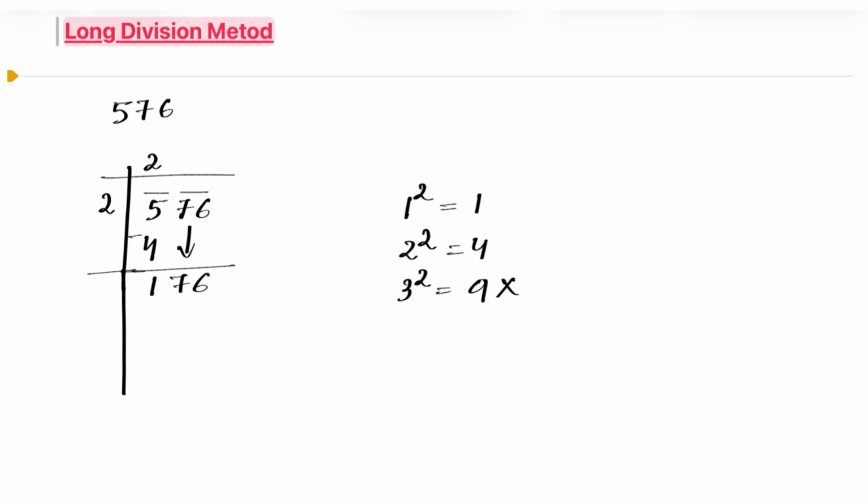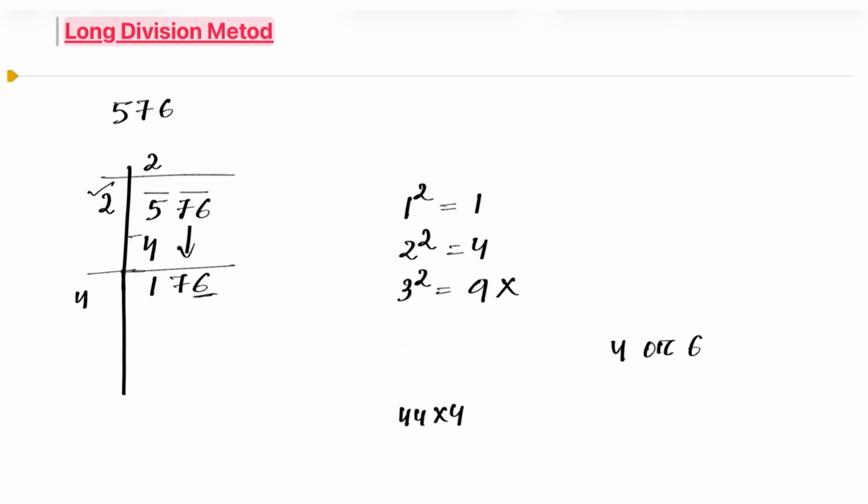Here the first digit of the new divisor will be double of the previous divisor. So double of 2 is 4. Next we will find out the next digit of the divisor. In the dividend we can observe 6 is there at the unit place. So its square root will end with either 4 or 6. That means our divisor can be 44 or 46.